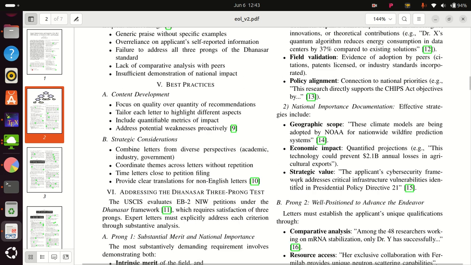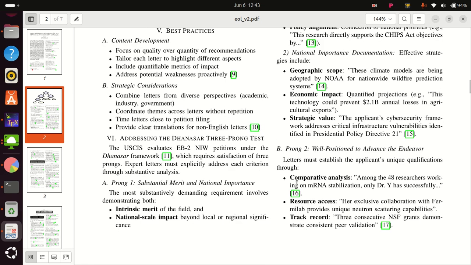So prong one, prong two, prong three, we have been talking about that. Prong one is substantial merit and national importance. A lot of the time people do things that are nationally important, but they don't write what they want to do exactly and how it impacts. So yes, AI is nationally important, cybersecurity in AI or LLM models or whatever. But your proposal should be very specific and quantifiable.